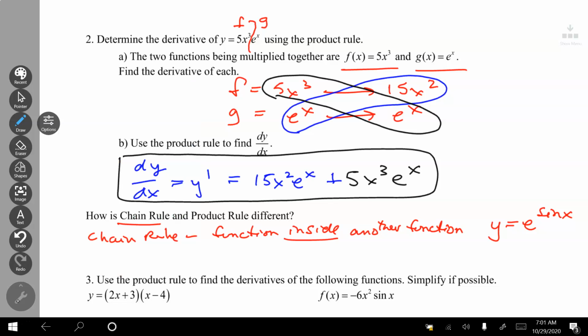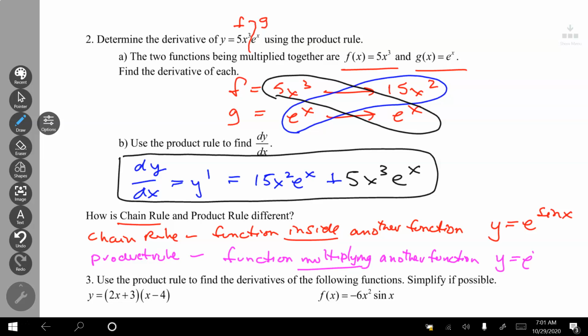where product rule is a function multiplying another function.